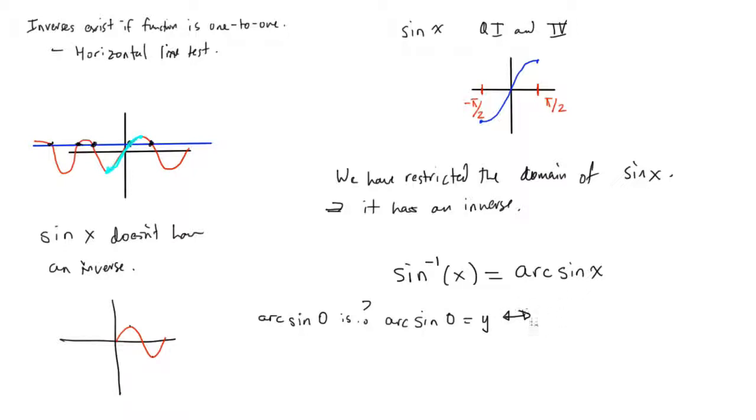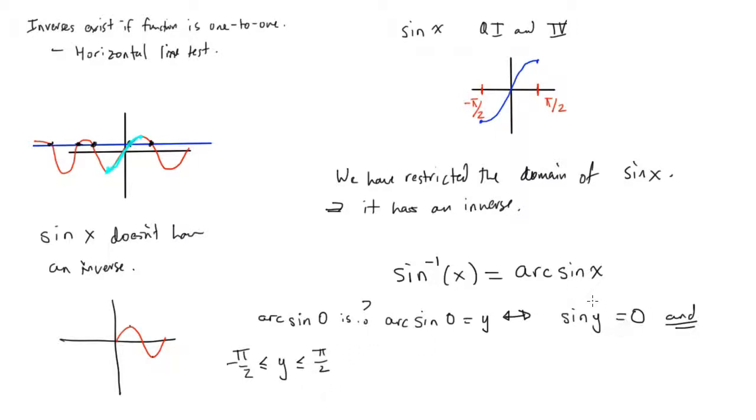Then this means that if you take sine of y, you need to get 0, and because of the restriction that we put on our domain, y needs to be between negative pi halves and pi halves. The reason is that what we're looking for is an angle between negative pi halves and pi halves, because that's what the domain of the blue graph was.